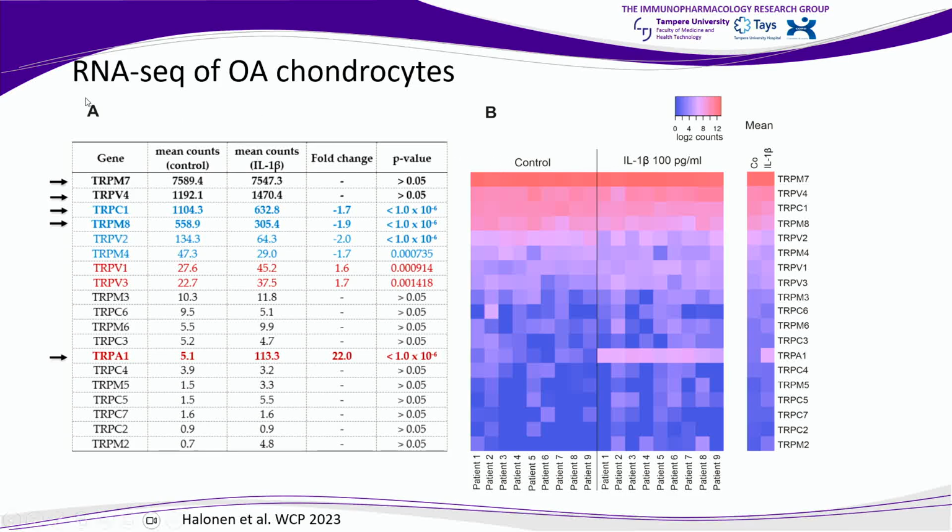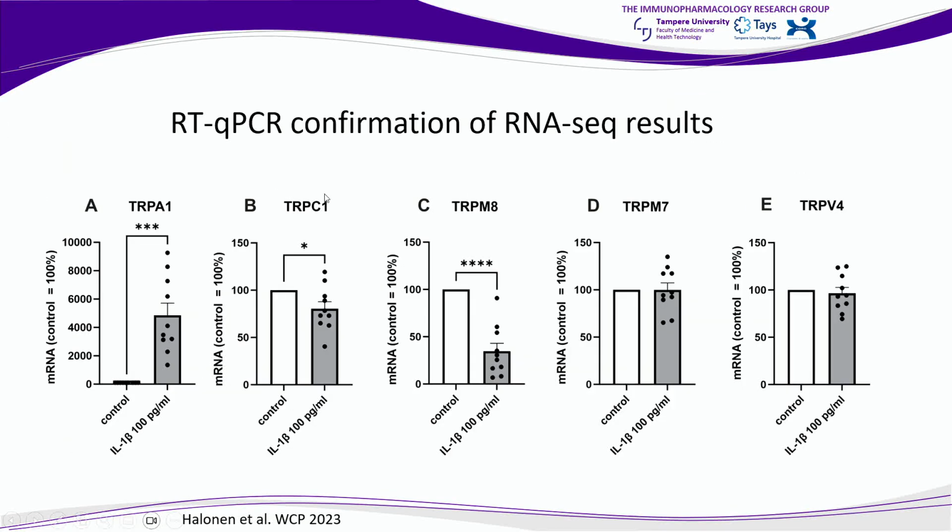And now after we chose our 5 channels, we actually ran the PCR on the same channels. This is done on a different set of patients. The patients in the RNA-seq and in this PCR are completely different, but the results are still pretty much the same. We can see the massive, tremendous upregulation of TRPA1 when chondrocytes are exposed to interleukin-1 beta.